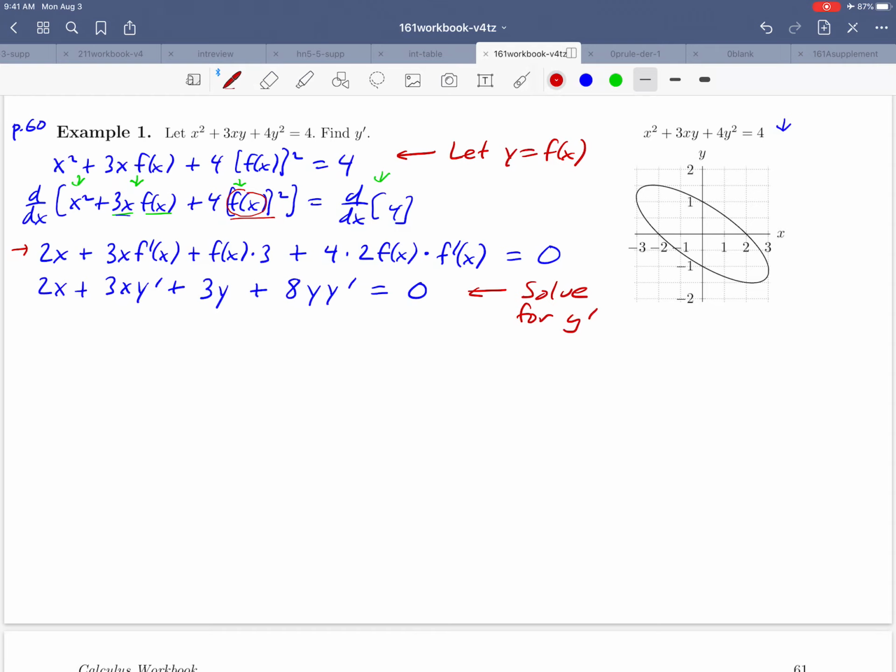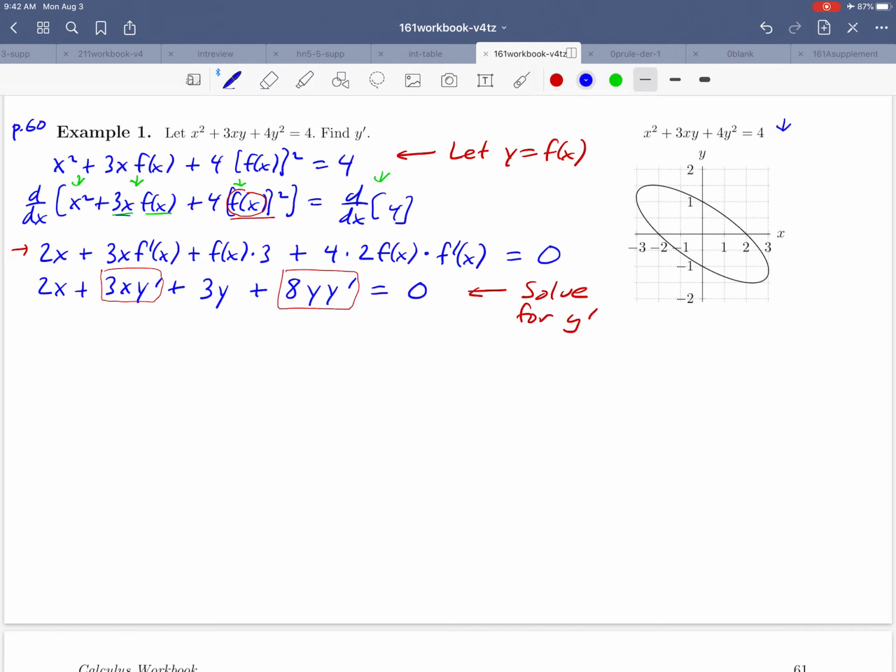So this becomes an algebra problem now. This is a little bit more challenging than it was in the preliminary example, because you might notice that we've got y primes in two different places in our equation. How do you get the y prime by itself if it's in two places like that?